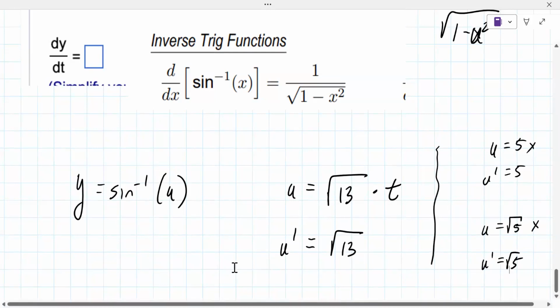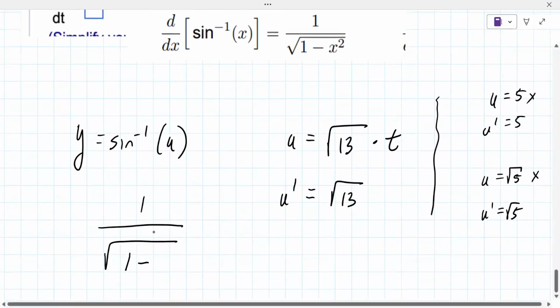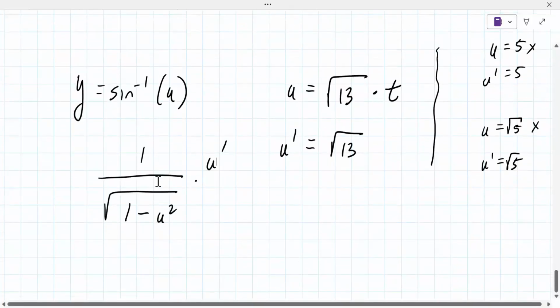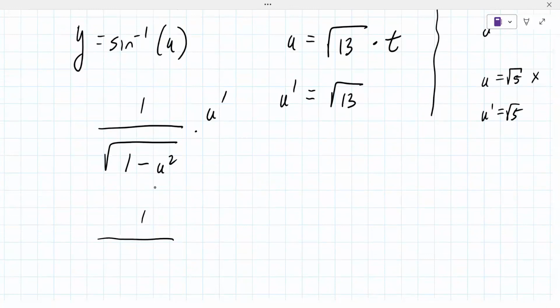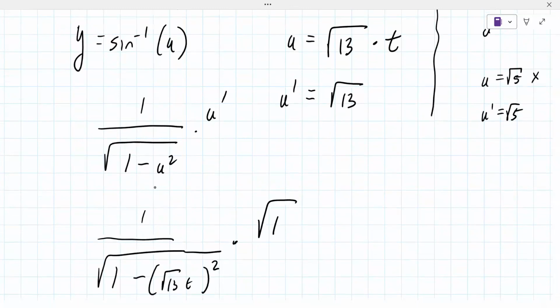Okay, so the derivative is 1 over the square root of 1 minus u squared, times u prime. Then you backfill all this stuff: 1 over the square root of 1 minus the square root of 13t squared, times the square root of 13.